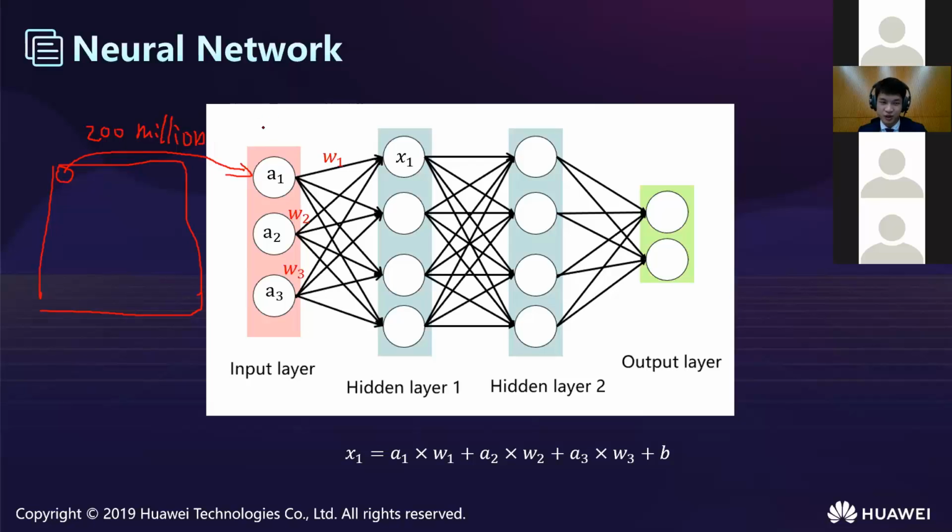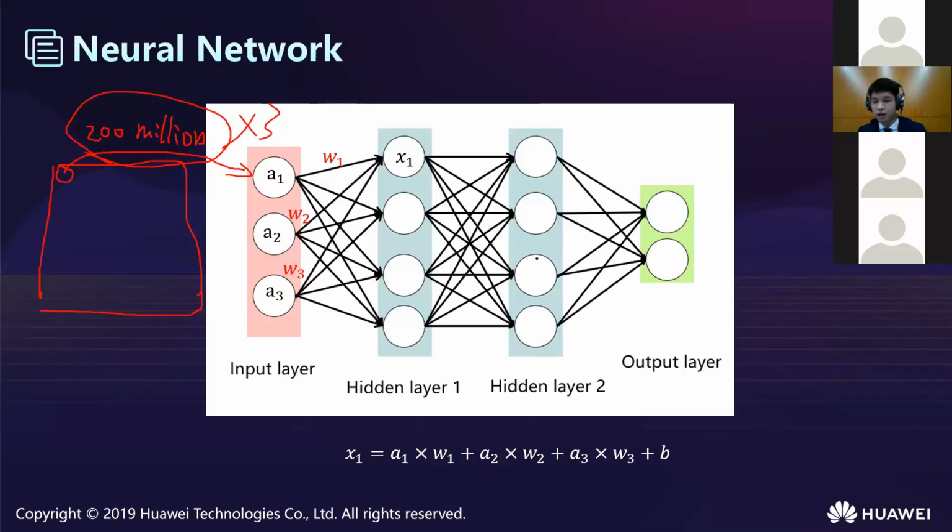That means we need to use 20 million neurons to store this image. Maybe we need more because it has 3 channels as RGB images, so we need to use 60 million neurons to store the image. And the number of weights will be very, very huge. Do you agree?